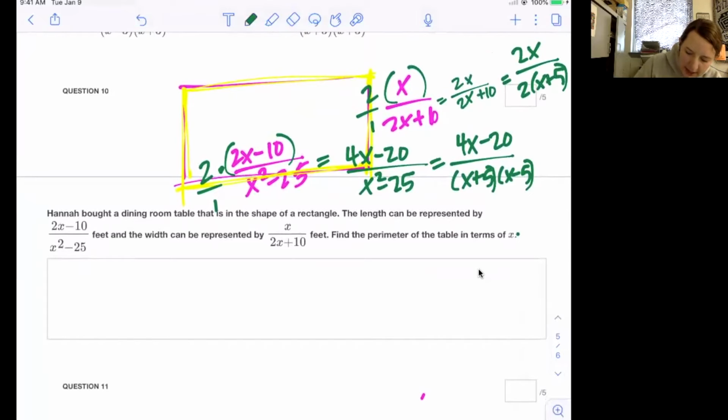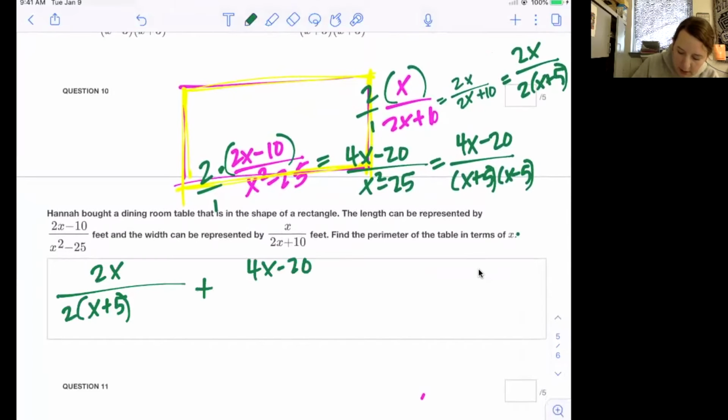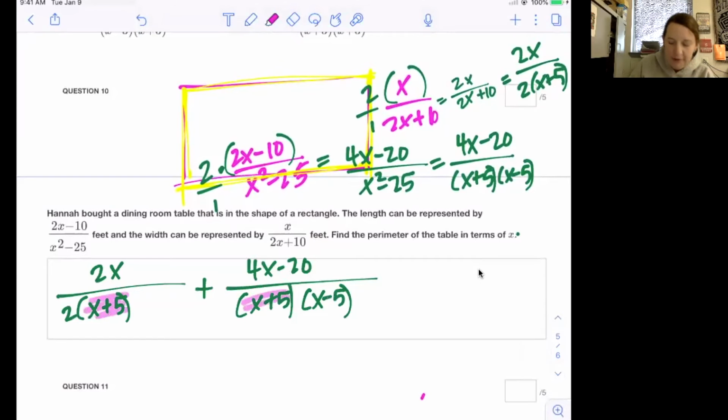I'm going to go ahead and say 2x over 2 times (x plus 5), plus (4x minus 20) over (x plus 5)(x minus 5). So we see right away that they both have a factor of x plus 5 already.